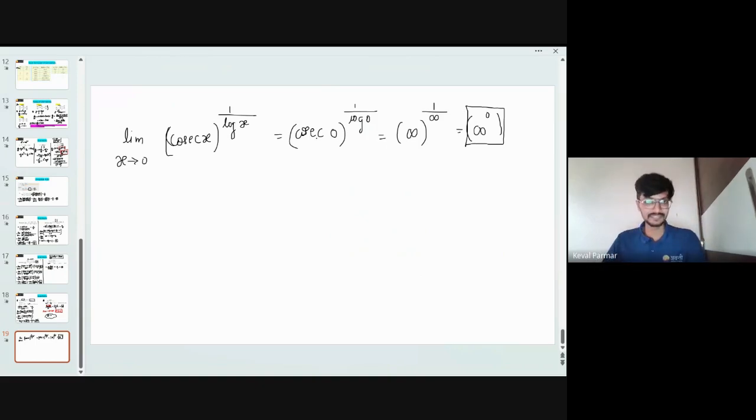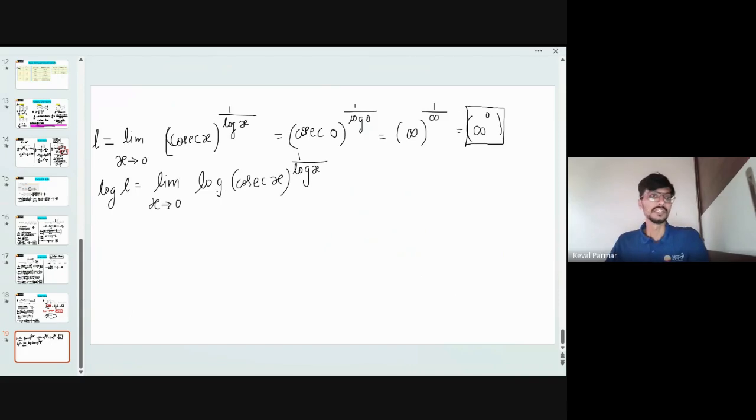In such cases, we write the limit as L and we take log on both the sides. So I will get log L is equal to limit x tends to 0 of log of cosec x raised to 1 upon log x.